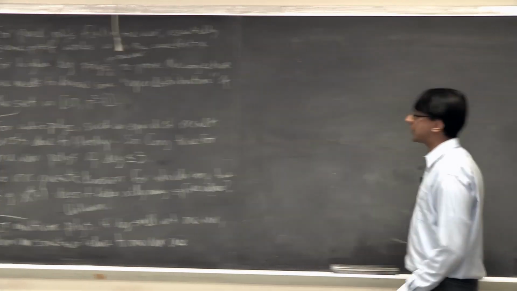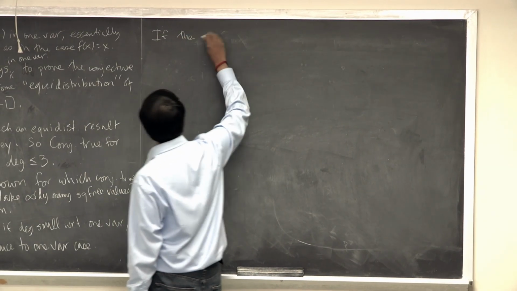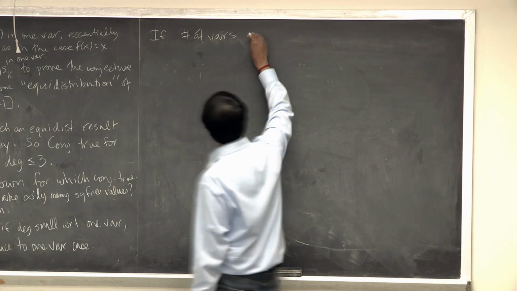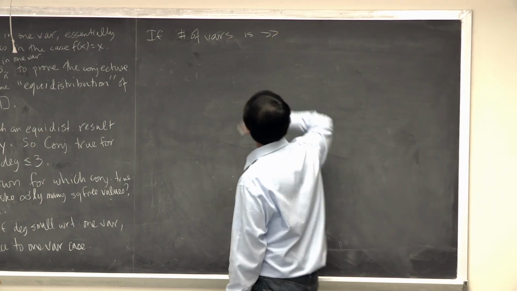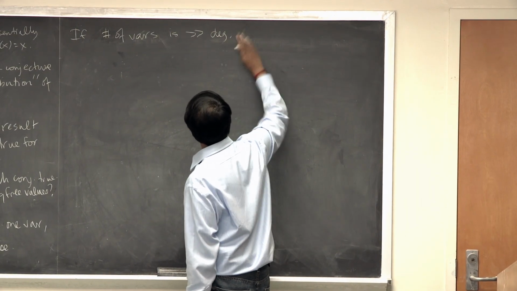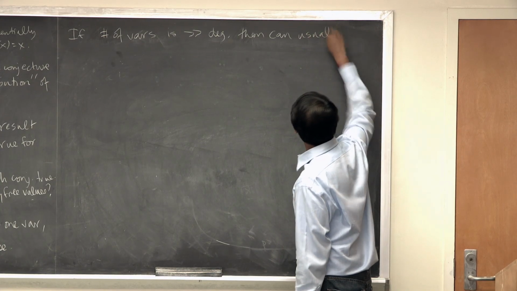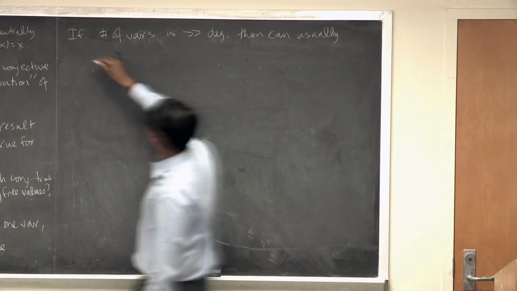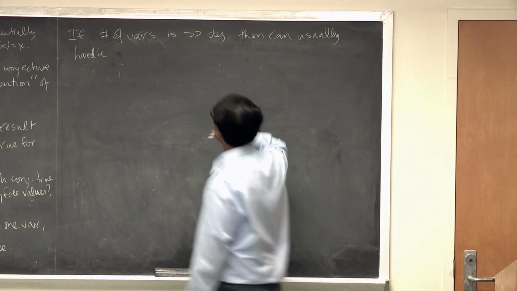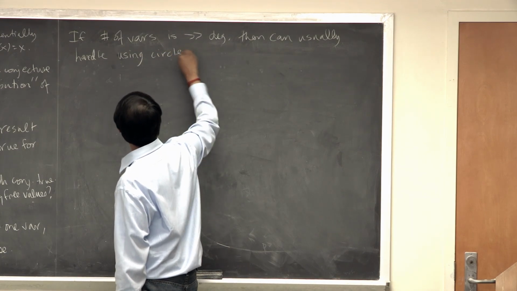The other place where one can handle multivariable polynomials is if the number of variables is way bigger than the degree. Then you can usually handle it. Not always, I'll say something in a second, but basically you can use the circle method to prove the conjecture.